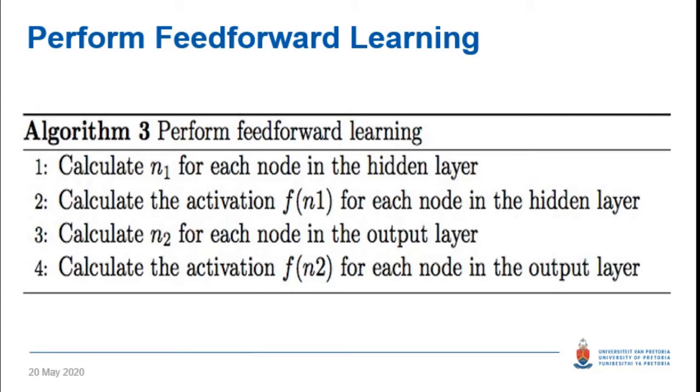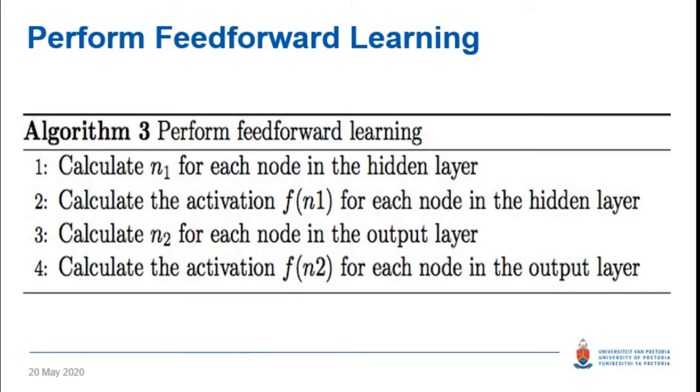So if you had 2 hidden layers, you'd do this for each hidden layer. Then you go on from the hidden layer to the output layer, calculate N2 for each output node, and then calculate the activation function. So that's the whole process involved in performing the training for the feed-forward learning.